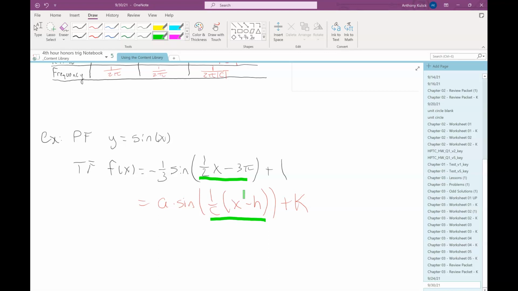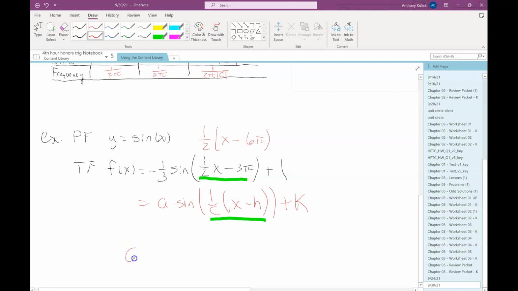I'm going to factor that 1/2 out of there. If I don't do that, I'm not going to be able to correctly identify the H. Everybody's good with that? When I factor the 1/2 out, I'm dividing each of the things by a half. Dividing by a half is the same as multiplying by 2.